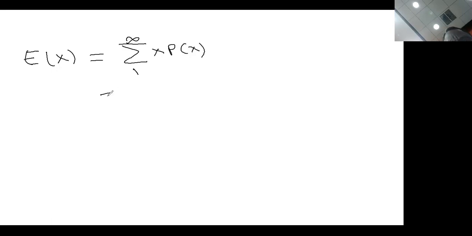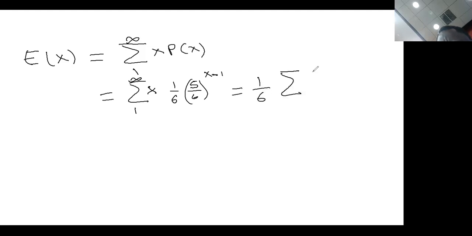So we can write this again as the sum from 1 to infinity of x times P of x, where P of x is 1 over 6 times 5 over 6 raised to power x minus 1, which we can write again as 1 over 6 times the sum of x times 5 over 6 raised to power x minus 1. Isn't it?